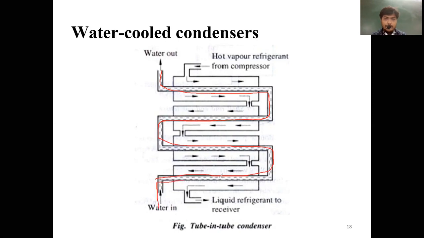And the hot vapor refrigerant flows in the downward direction. This is called a tube and tube type condenser. Heat is extracted here from the hot vapor to the cold water.